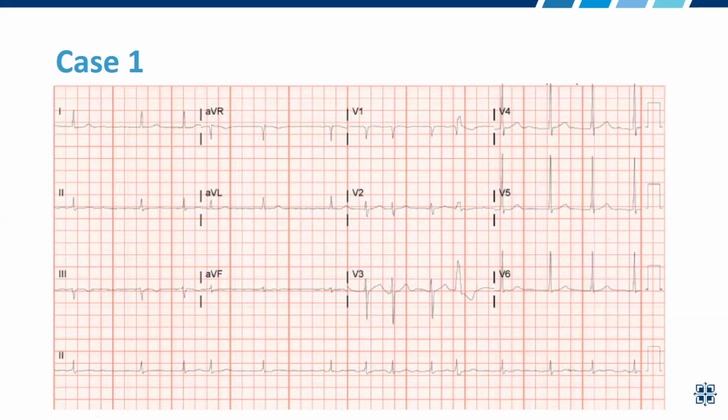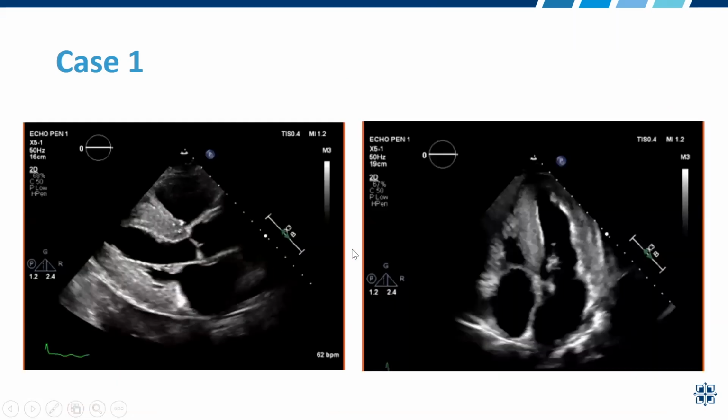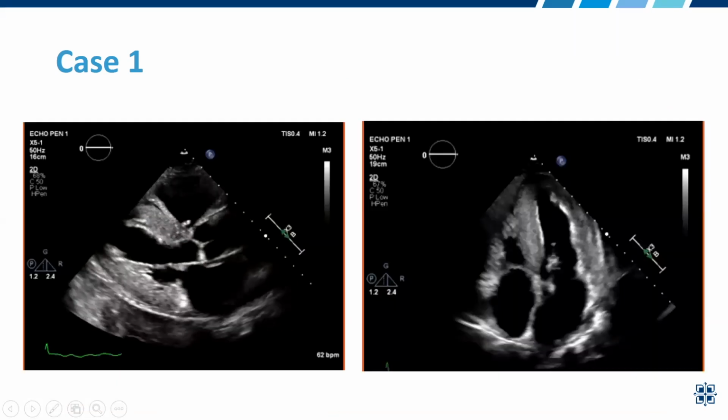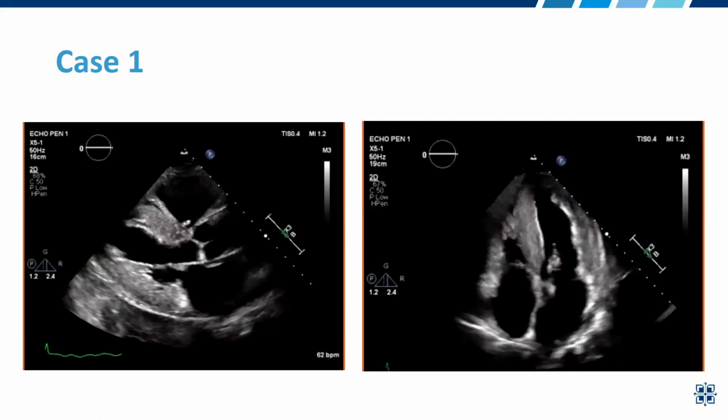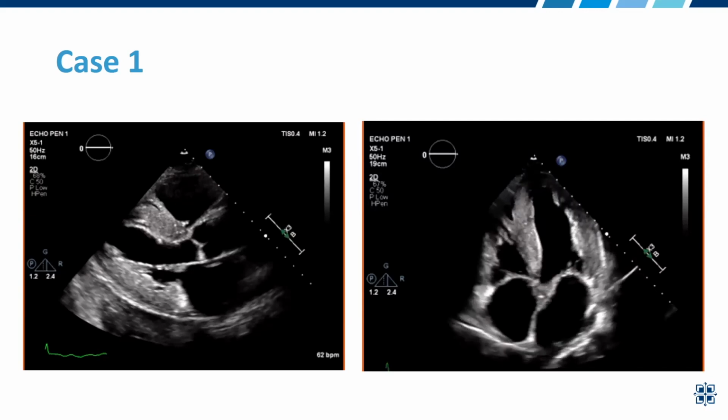And here's his EKG. You can see atrial fibrillation. He doesn't have a lot of voltage here on his QRS complexes. And here's his echo. You may be able to see the moving images where he has a good amount of increased LV wall thickness, kind of bright looking myocardium.